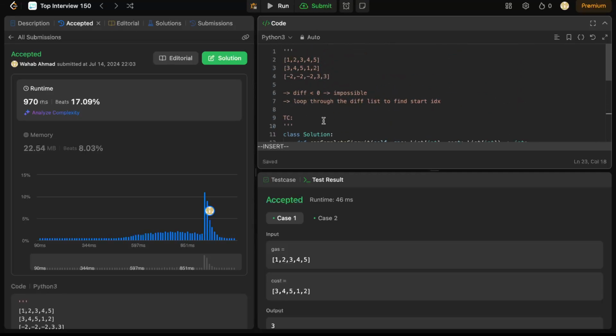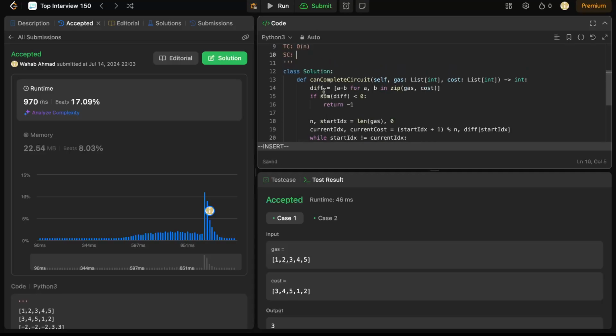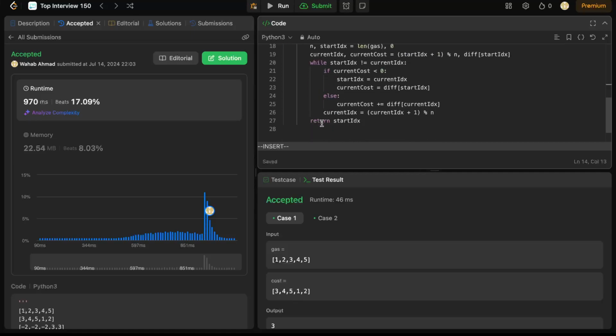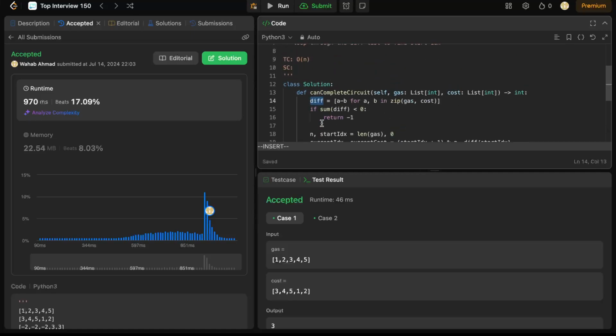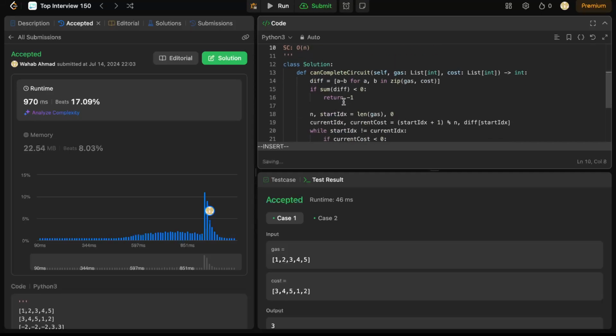So overall, the time complexity would just be O of n, and then the space complexity is again O of n because we're creating this difference array. And yeah, that's the only non-constant data structure we are creating, so O of n. So that should be it. Cool.